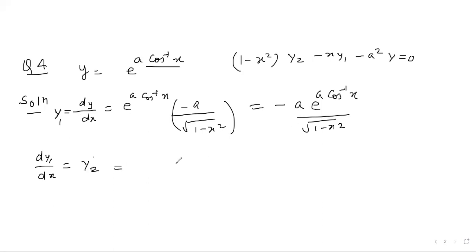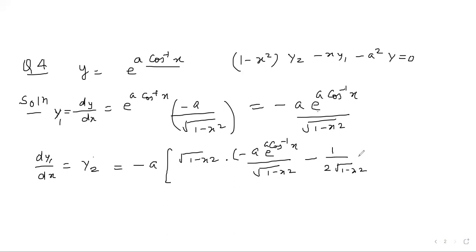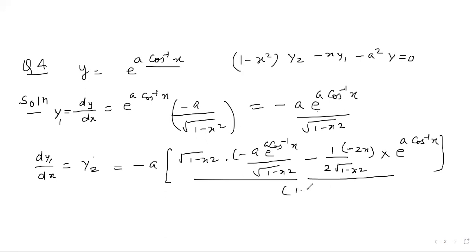So y2 equal to, here we can apply the quotient rule, minus a common, then root 1 minus x square, then differentiation of this, so that will become the same, minus a e to the power a cos inverse x divided by root of 1 minus x square, minus differentiation of the denominator, 1 upon 2 root 1 minus x square times minus 2x, into the numerator e power a cos inverse x, whole divided by the denominator square. So that will become 1 minus x square.